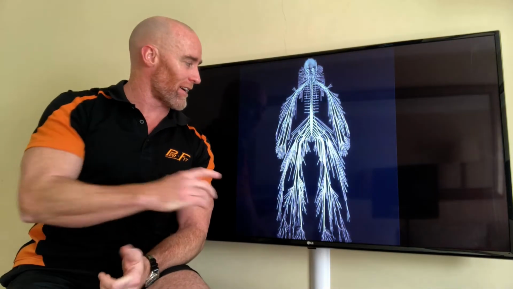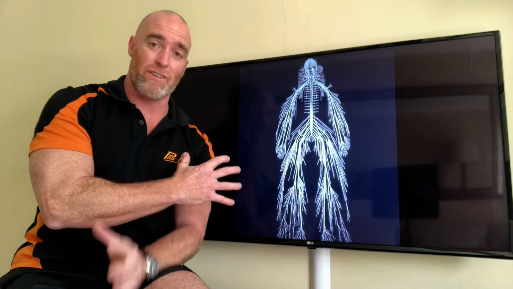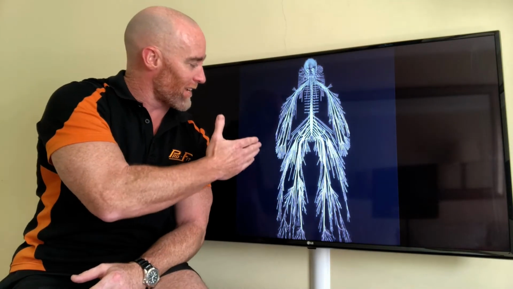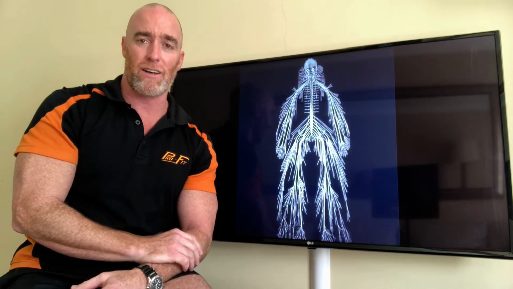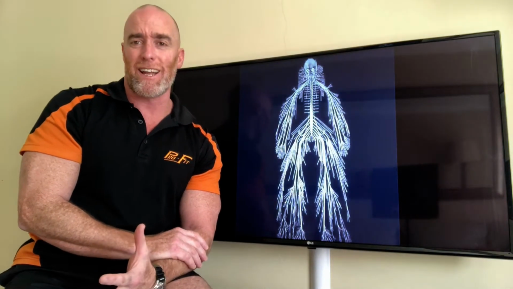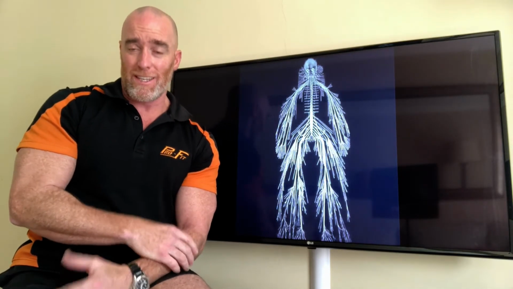As you can see via this diagram, the network that I'm talking of is extensive. Every single area feeds off another. It really is like a tree-like formation. Now, that is a complex system. That is not a system to be taken lightly, which is the reason why, when we are recovering from a process, our central nervous system is under duress.